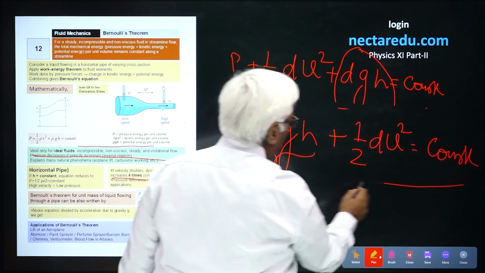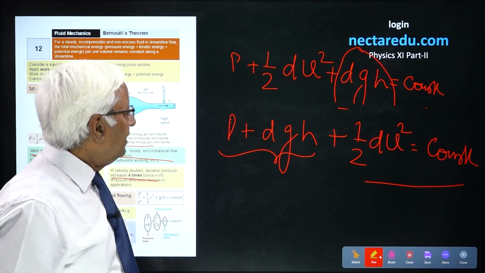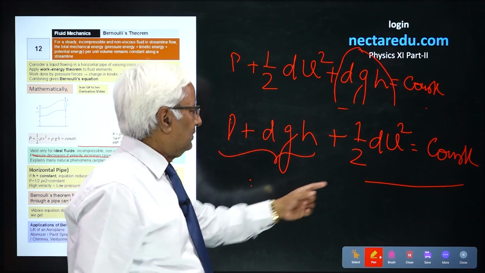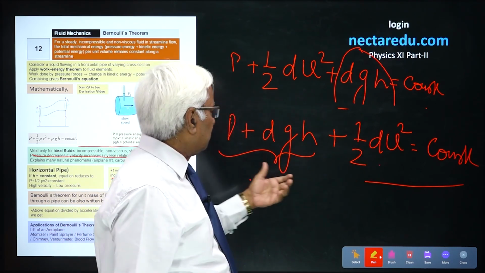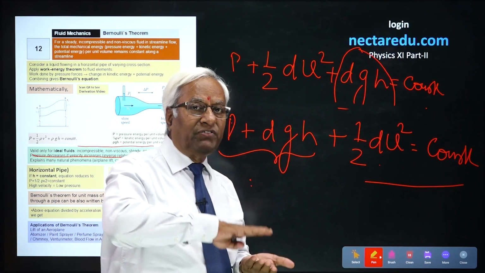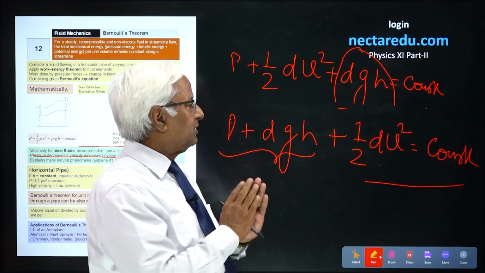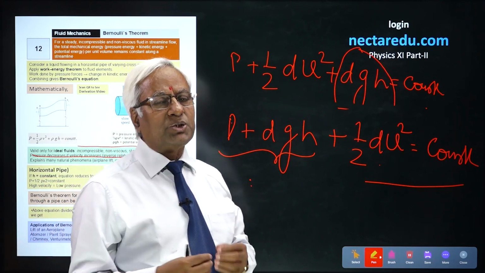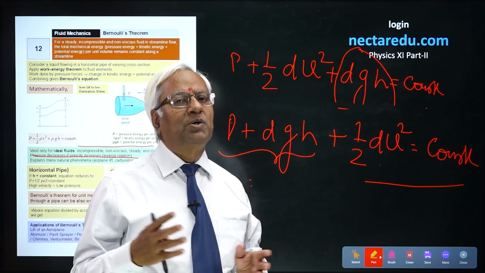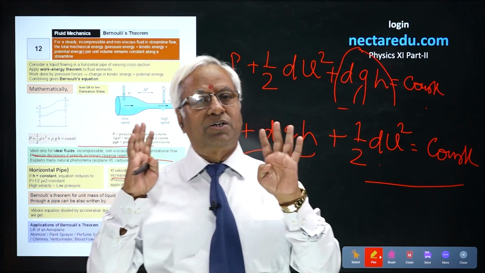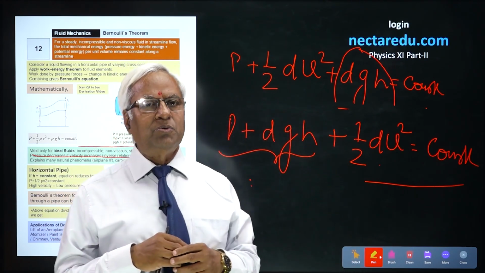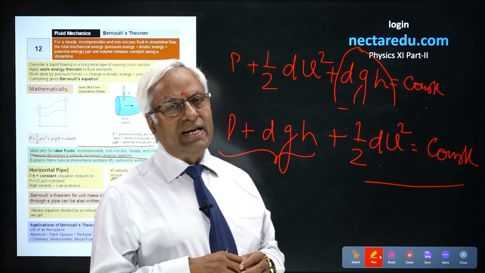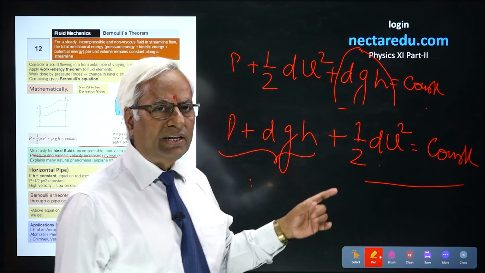So, this theorem could also be interpreted by this method: the sum of static and dynamic pressure remains constant throughout for an ideal fluid in streamline flow. This is another version. So, overall, I have told you four versions of Bernoulli's theorem. You could use any version depending on your choice, as and when required.